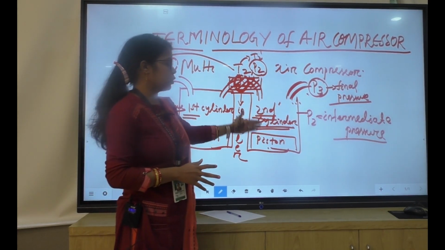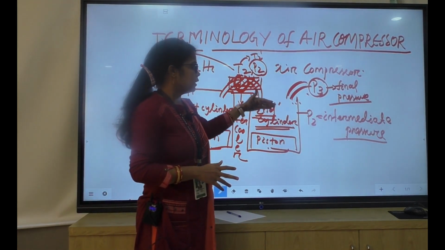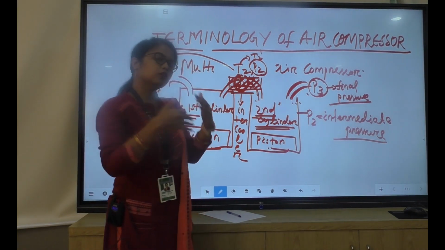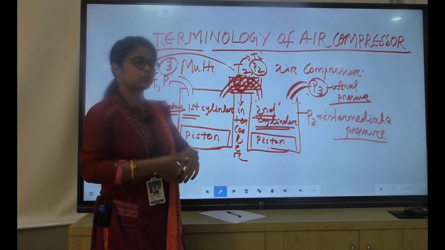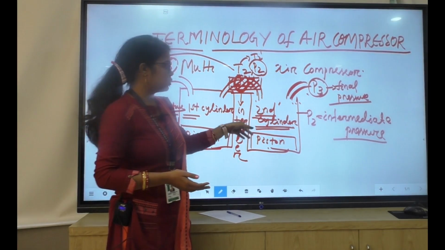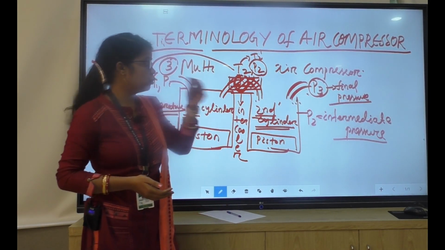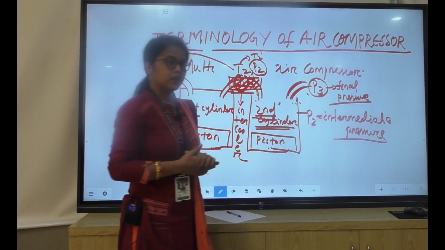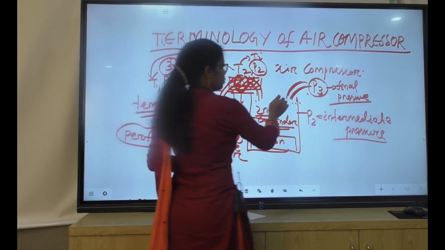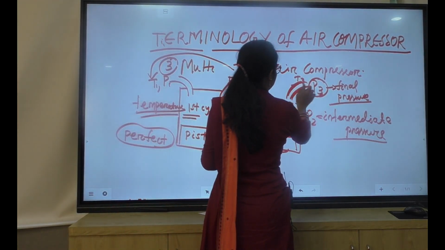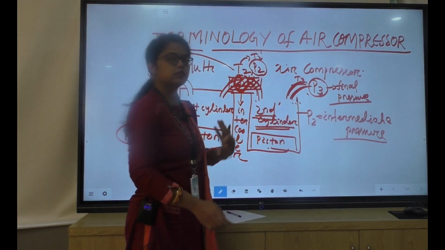After the compression process in the second cylinder, again the pressure is increasing. Up to which pressure? Final pressure. And the temperature will be T3. Pressure is P3 and temperature is T3.